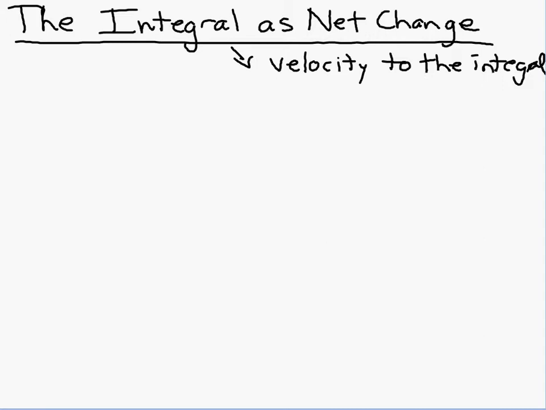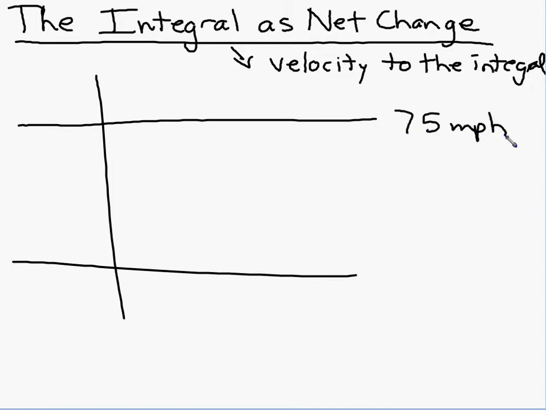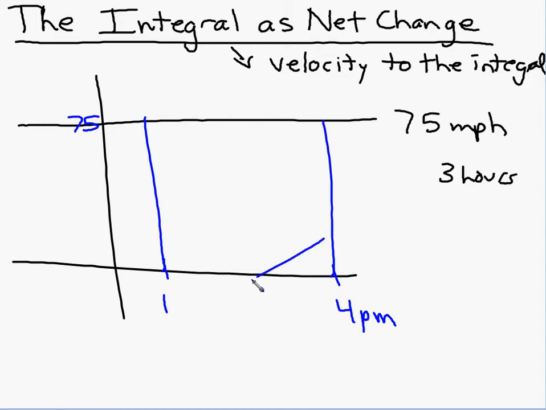If you remember how we started our whole discussion of the integral, remember when we talked about a train going at a constant speed of 75 miles per hour, and if I wanted to know how far it traveled in 3 hours, then we would look, if this is a constant speed of 75, and let's say the train left at 1 p.m. and then we looked at where it was at 4 p.m., we could consider this an area.